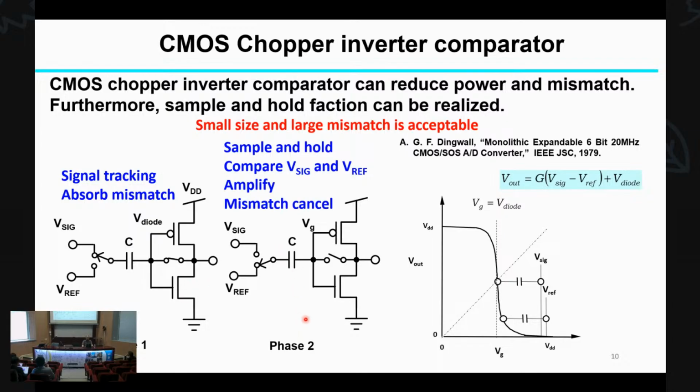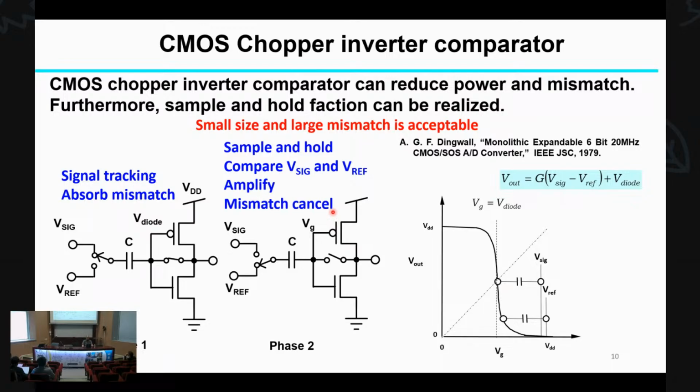Next is phase two. In phase two, the switch is selected to V reference, and this switch is open. So this inverter acts as an amplifier. This action realizes the sample and hold and compares V signal and V reference through this capacitive coupling.